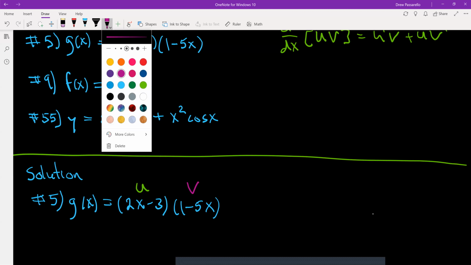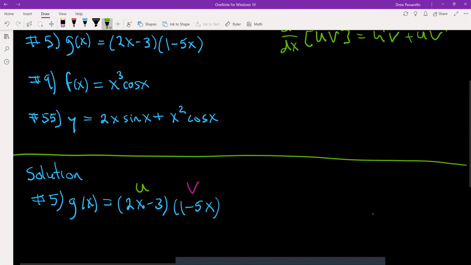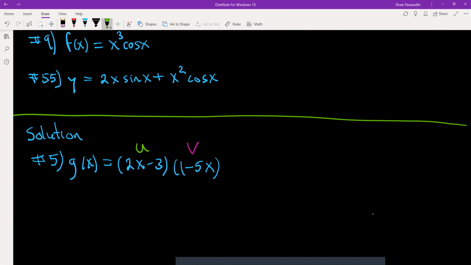So I need to find u prime. Well, u prime is the derivative of 2x minus 3. And taking that derivative of 2x minus 3, that's going to be 2 times 1 plus 0, because the derivative of x is 1, and the derivative of 3 is 0, because that's a constant.